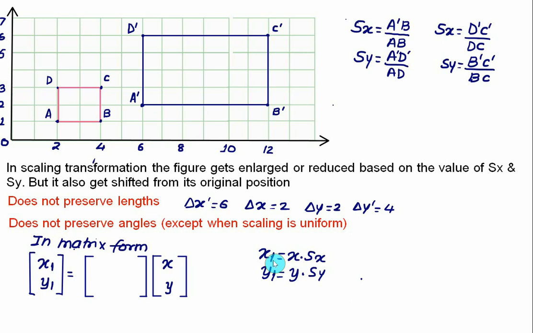For x1 only, it is multiplied by Sx, so we have Sx multiplied by x plus 0 contribution of y. The second equation is y1 equal to y into Sy, so we have 0 contribution of x and Sy multiplied by y. This is called the scaling matrix, represented by S.